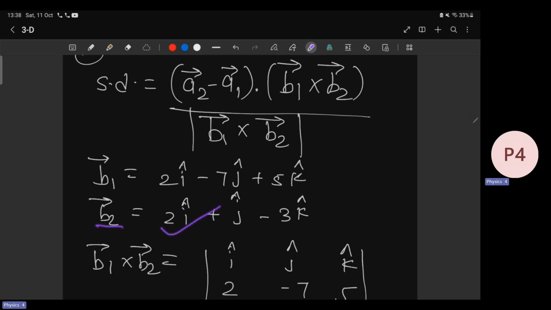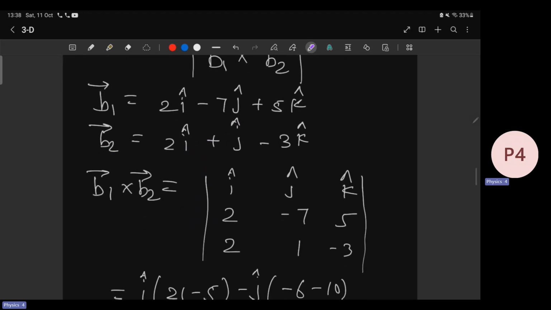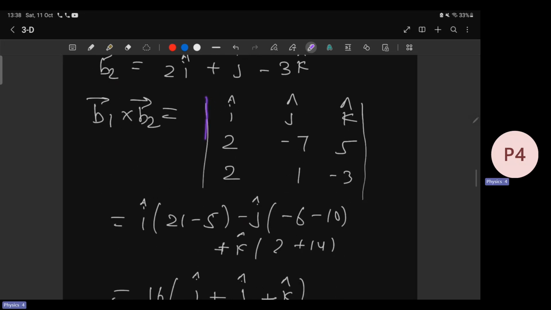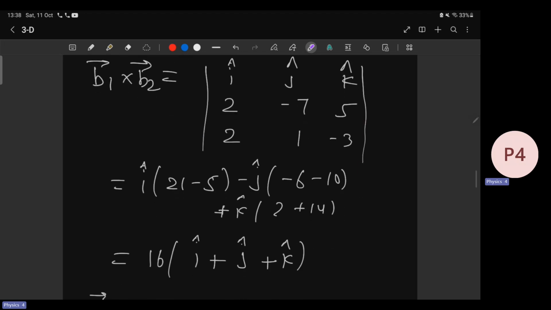B2 vector is given. Now we can find B1 cross B2. If we solve the determinant, we get the value of B1 cross B2 as 16 times (i plus j plus k).